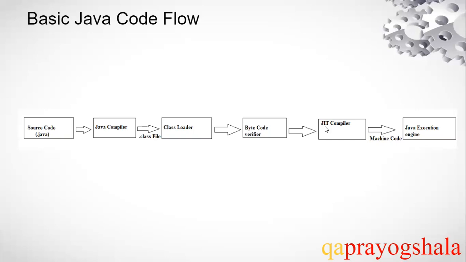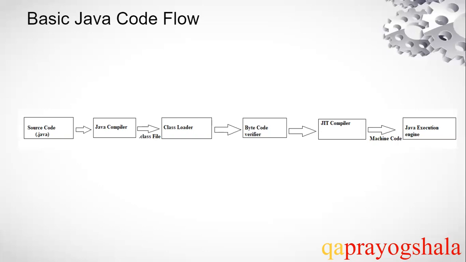The full form of JIT is just-in-time compiler. Sometimes it is also referred to as a Java interpreter. It will convert this bytecode into the machine code. That is the function of the JIT compiler.